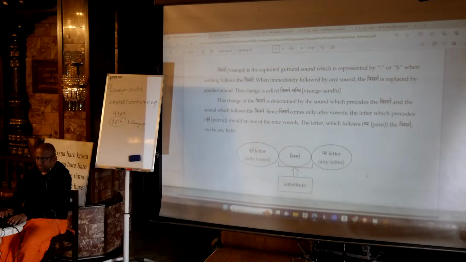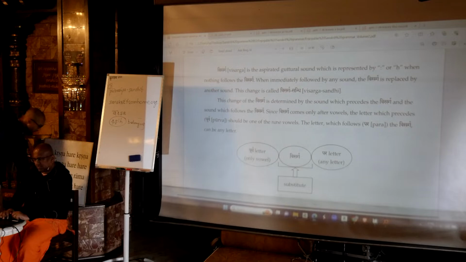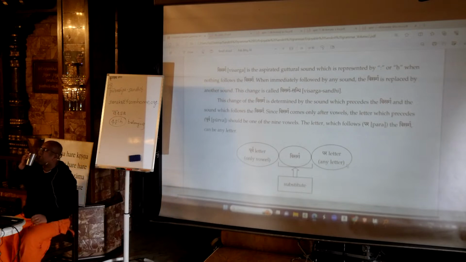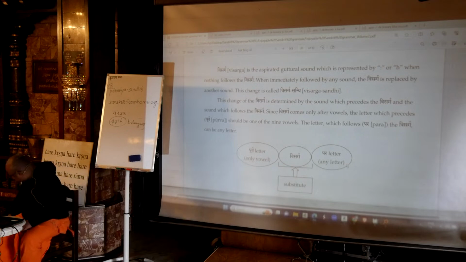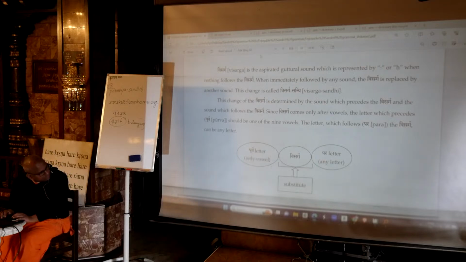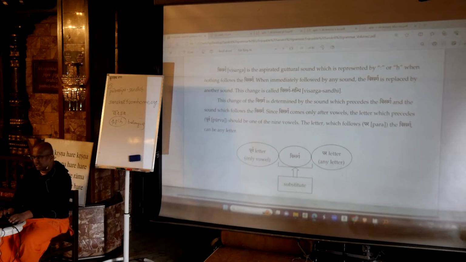That's why when it comes to Visarga, just before Visarga there will be a vowel, then there is Visarga, and after that can be any letter. So the Purva letter is only a vowel, then there is Visarga, and a Paravarna, which can be a vowel or consonant.